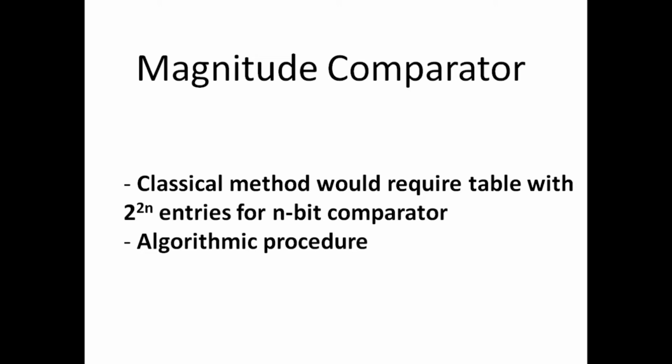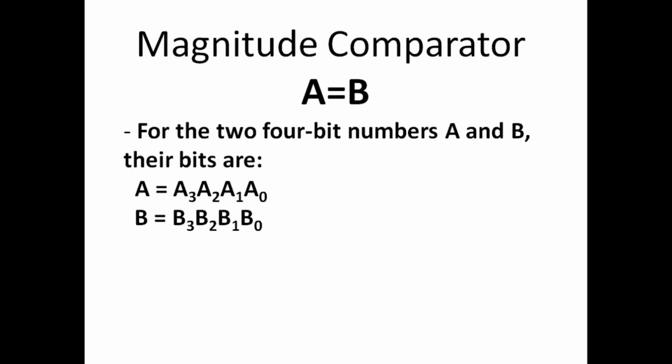To think in that direction, we must understand how the two numbers would look. For example, if we want to derive a Boolean equation for the first operator, that is A is equal to B, when the outcome of the magnitude comparator is A is equal to B, then we have to split the two numbers into their bits.